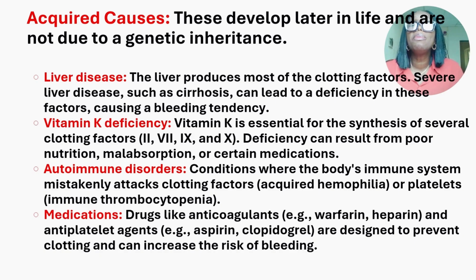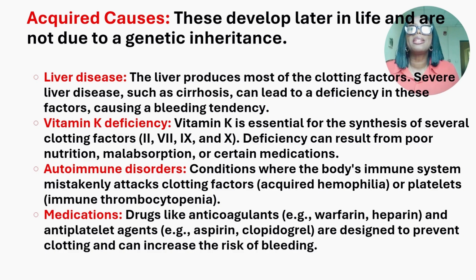We have autoimmune disorders, conditions where the body's immune system mistakenly starts attacking clotting factors, for example acquired hemophilia or immune thrombocytopenia. When an individual develops autoantibodies, his own antibodies against his own platelets or his own clotting factors, this can also lead to a bleeding disorder.